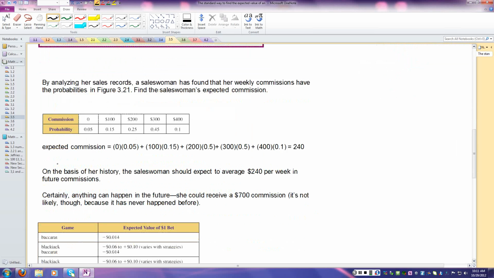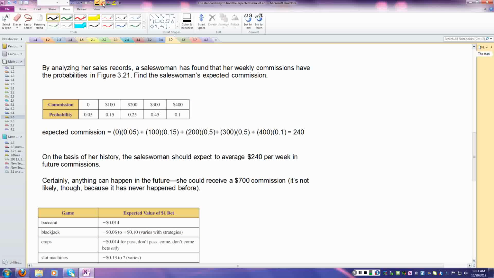Looking at another example from the PowerPoint, a saleswoman has found her weekly commission and the probabilities of getting each weekly commission. She either gets $0, $100, $200, $300, or $400. The probability she gets $0 is pretty small, at 5%. The probability she gets $100 is 15%, $200 is 25%, $300 is 45%, and $400 is 10% of the time.